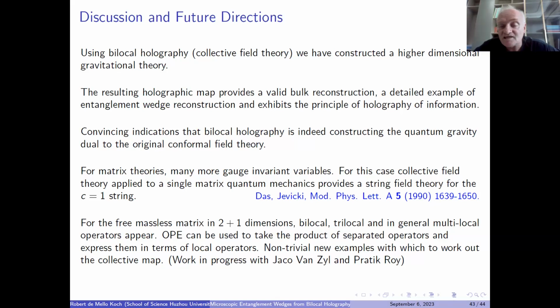If you work out carefully the OPE, the primary operators organize themselves into families, and the number of families that you find matches the number of extra bookkeeping coordinates. So this is already very convincing evidence that there's going to be a dictionary in this case, but we haven't yet written it down. That's work in progress. But I think this is a positive indication that collective field theory will provide a constructive version of holography in the case of the matrix too.